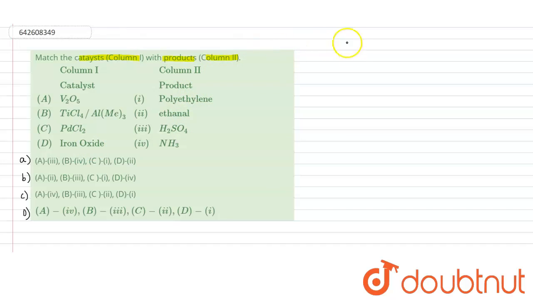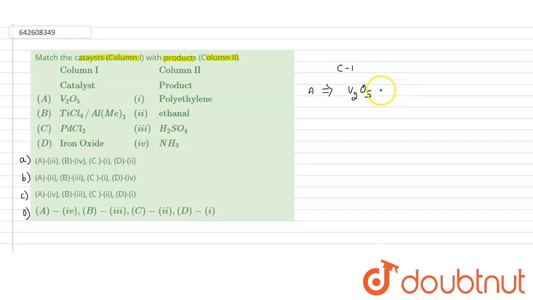In column 1, catalyst A is V2O5, vanadium pentoxide.